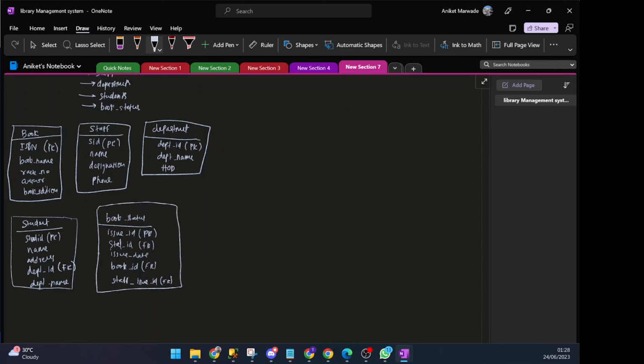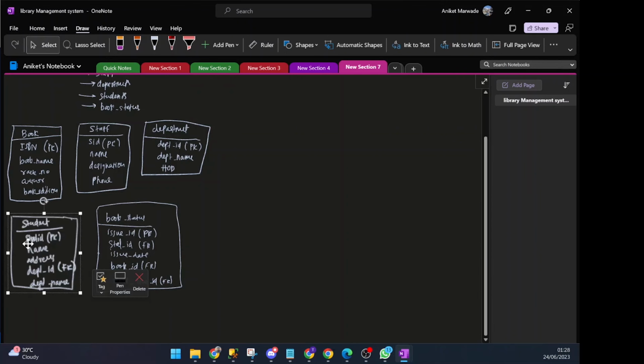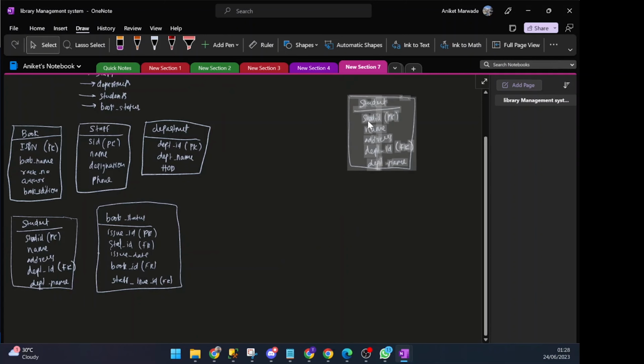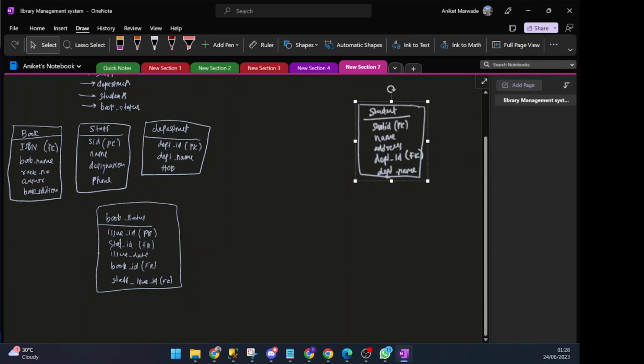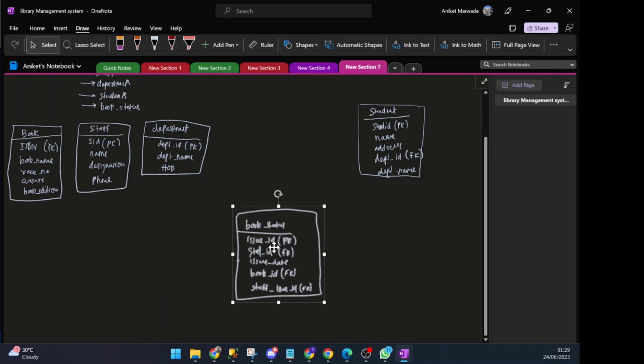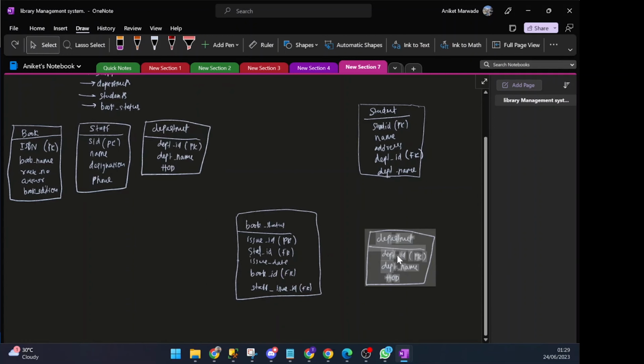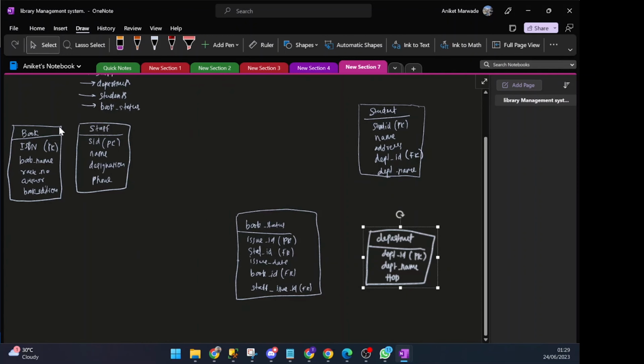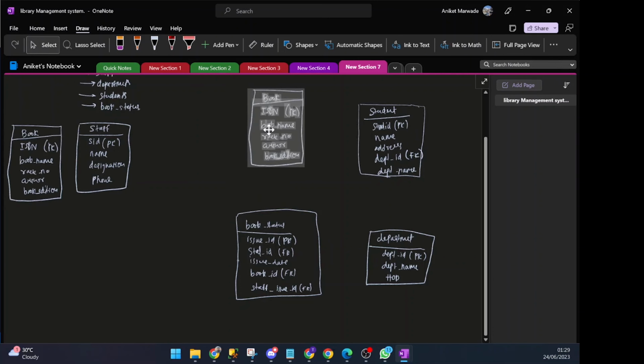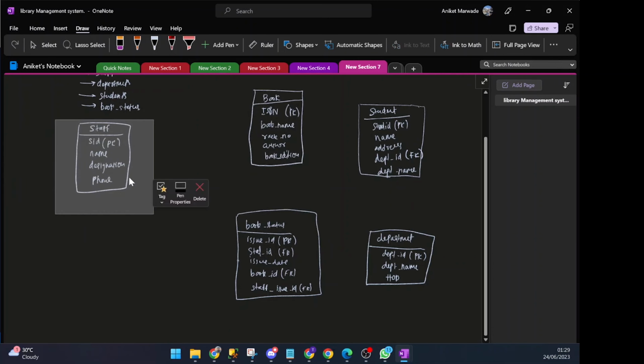Now let's see what relationships are there between the tables. We have here student, we have book status, we have department, and we have books, and now staff is remaining.